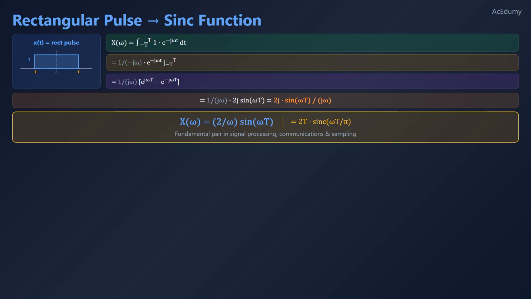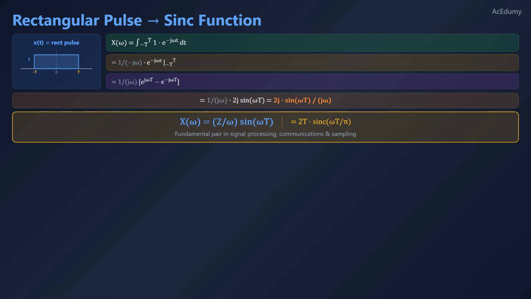Rearranging, 1 over j omega times the quantity e to the j omega T minus e to the minus j omega T. The numerator is exactly 2j sine of omega T by Euler's formula. So X of omega equals 2j sine of omega T divided by j omega, which simplifies to 2 sine of omega T divided by omega.